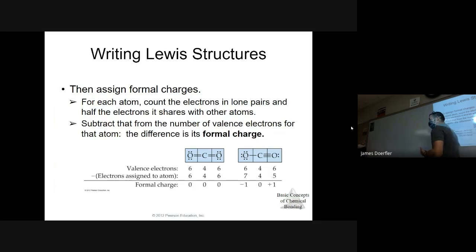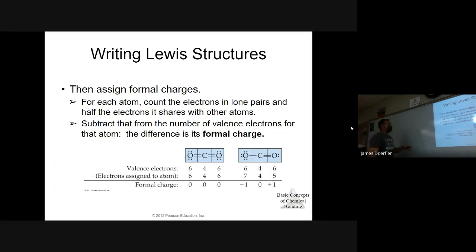So, formal charges, just a little background, are not real charges. They really are a means for us to assign electrons appropriately so that in the long run it kind of makes sense. Okay?